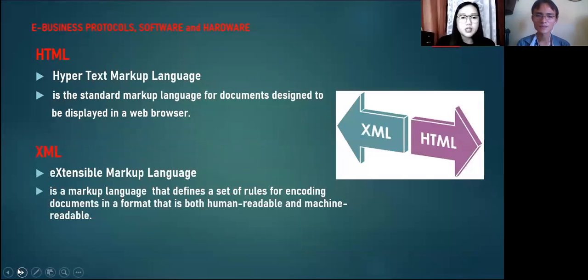HTML stands for Hypertext Markup Language. It is a standard markup language for documents designed to be displayed in a web browser.